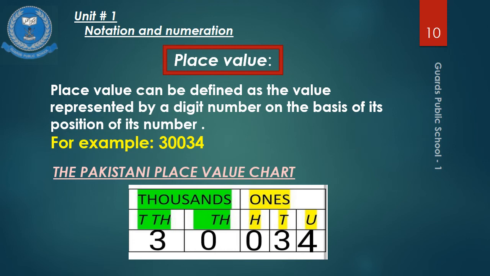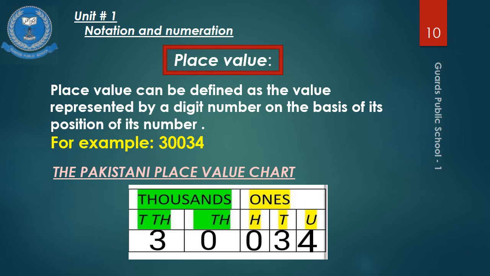If we want to take the place value of 3, what is its value? You can see it comes in the column, in the house, of 10,000. So the place value of 3 is 10,000. What is the value of 3? 10,000, because it is under the column of 10,000.